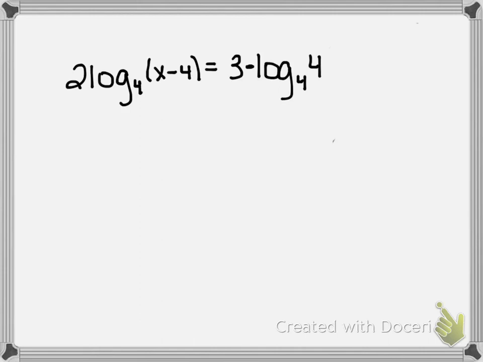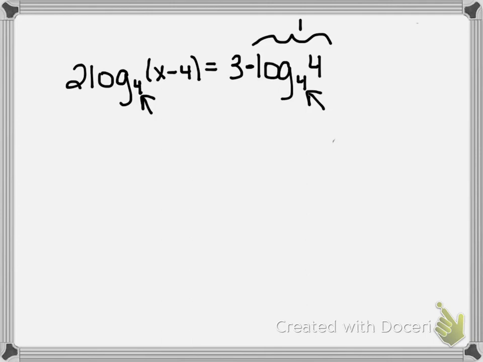The reason that I would do that is because this log right here is just equal to 1, so I didn't multiply the right side by anything but 1. And it's a log that's got the same base as the left side. So now I'm going to be able to use my property that lets me drop the logs.